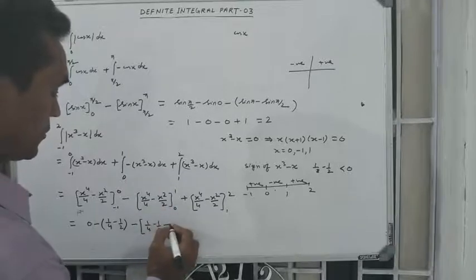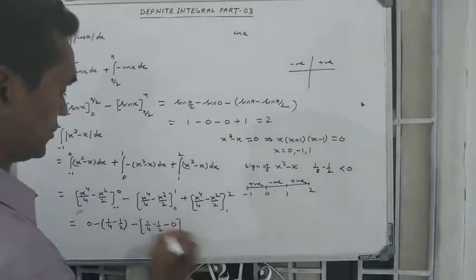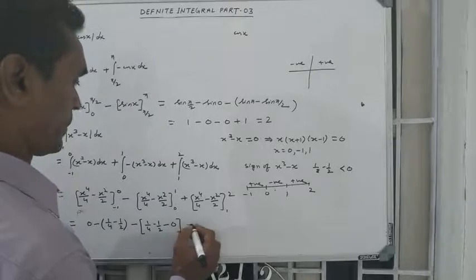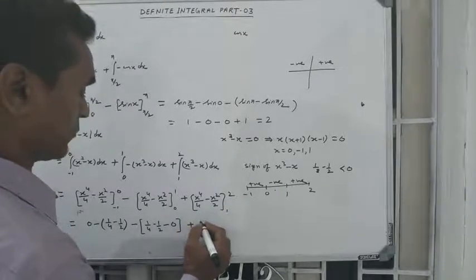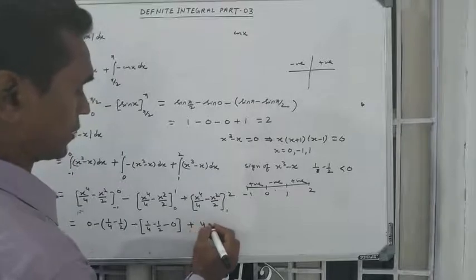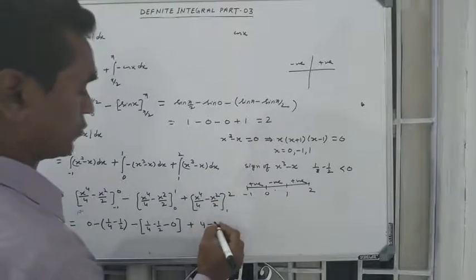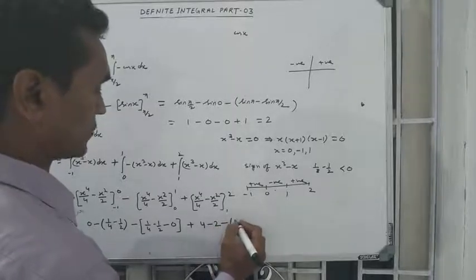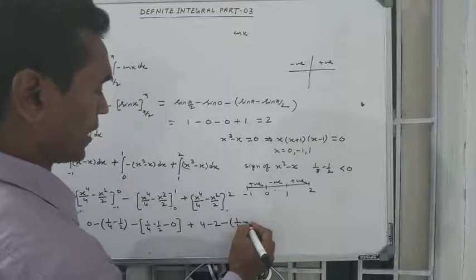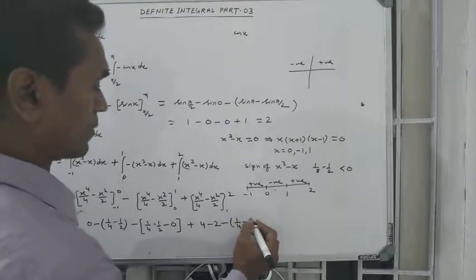When you put x equals to 0, then all terms will be 0. Now here, when you put x equals to 2, then 16 by 4, that is 4, minus 4 by 2, that is 2. And minus sign, you put x equals to 1, then 1 by 4 minus 1 by 2.